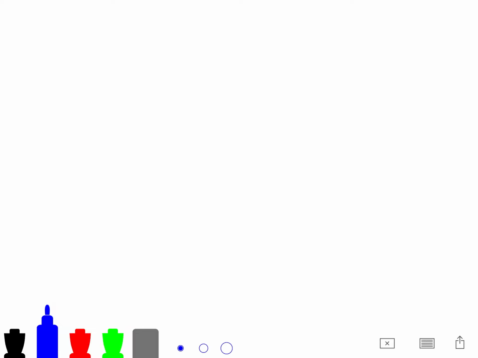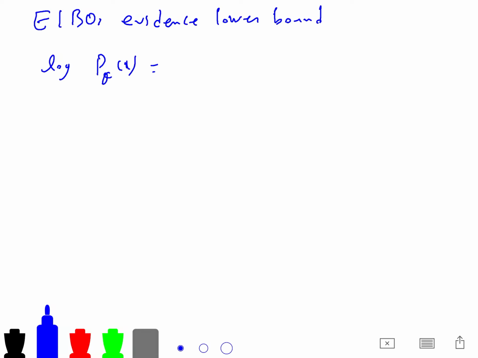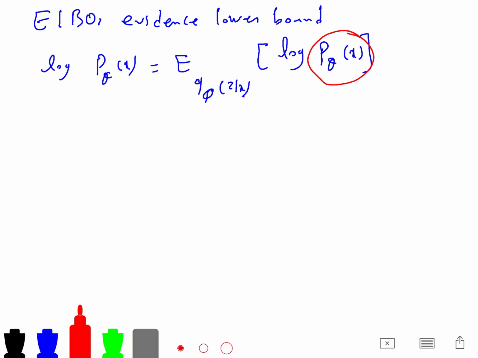So let's talk about the elbow, which is the evidence lower bound. Evidence lower bound. So that's the log of p theta of x, which is the expectation of q phi of z given x of log of p theta of x. So this is the marginal likelihood.